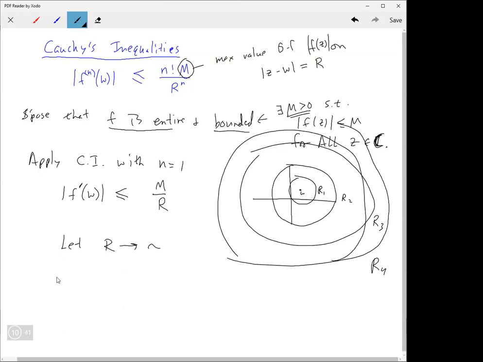Let r go to infinity. And what happens when you let r go to infinity? What happens to this? It's going to go to 0.